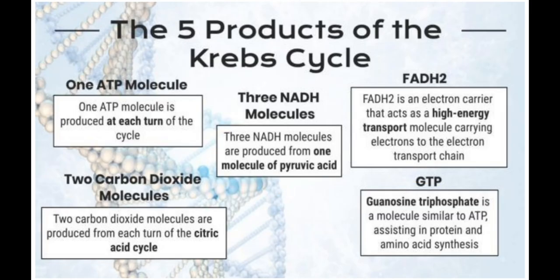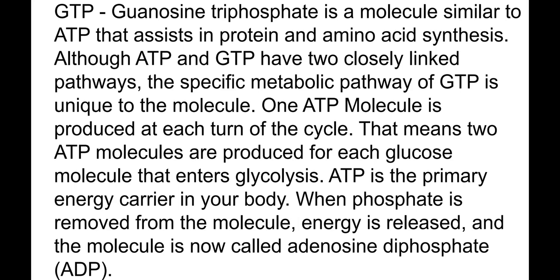Then 5 products of the Krebs cycle: 1 ATP molecule per rotation, 2 carbon dioxide molecules per rotation, 1 molecule of FADH, and 3 molecules of NADH per rotation, and guanosine triphosphate, which is a source of inorganic phosphorus.